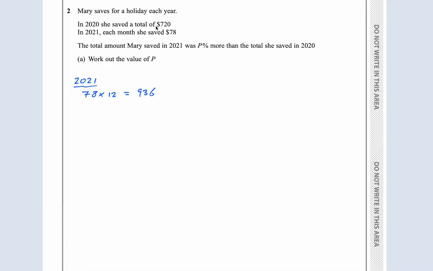So she saved how much more in 2021? Well, 936 minus 720 is equal to 216. So she saved $216 more in 2021 than she did in 2020. As a percentage, we'll do 216 out of 720 times 100.